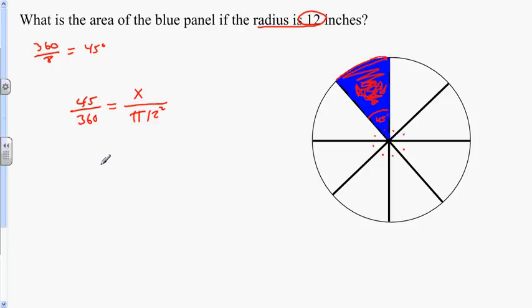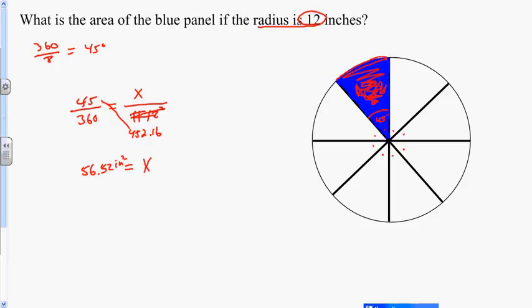Now if you wanted to, you could clean that up and write out pi r squared as 452.16. If you wanted to write it that way and then cross multiply it, which would be that times 45 divided by 360, and we would get 56, and they don't say round anything in particular, so I'm just going to write the whole thing, 56.52 inches squared.